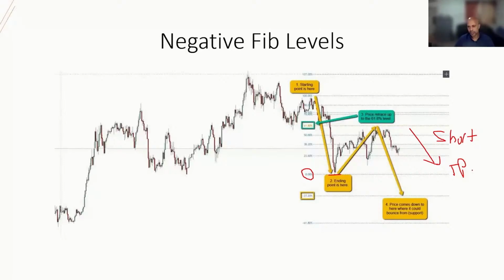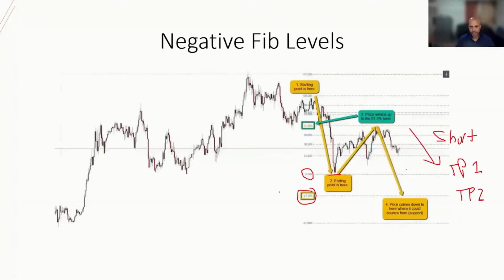And should price continue to break lower, you can identify your second TP or take profit at the negative 27.2%. So this is how we can use the negative Fibonacci levels or the expansion levels to help us identify potential take profit levels for the short side. In this example, you're seeing it for a potential short trade, right?